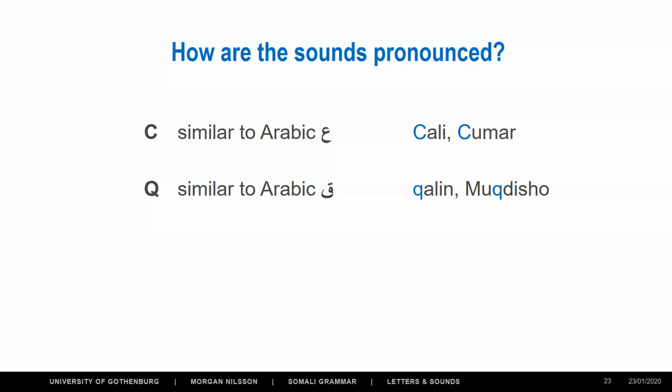And when the root of the tongue touches the uvula and you expire some air, the uvula starts to tremble, and this creates this sound. So qalin, qalin, Muqdisho.